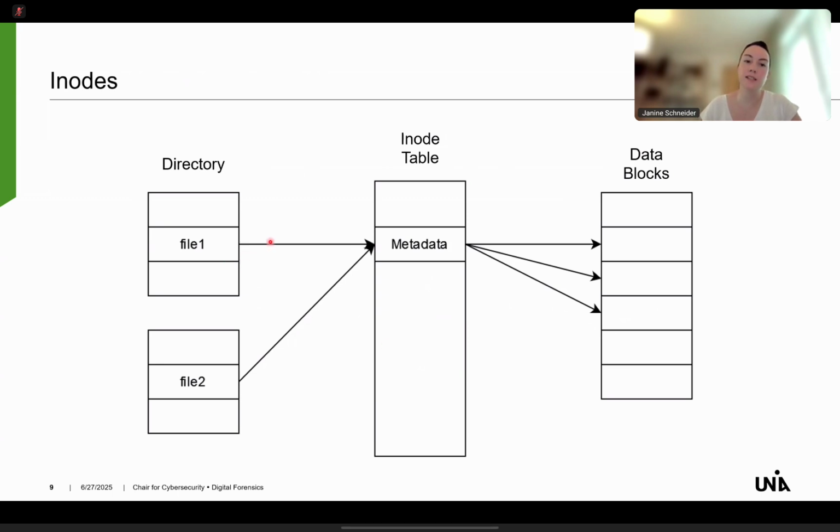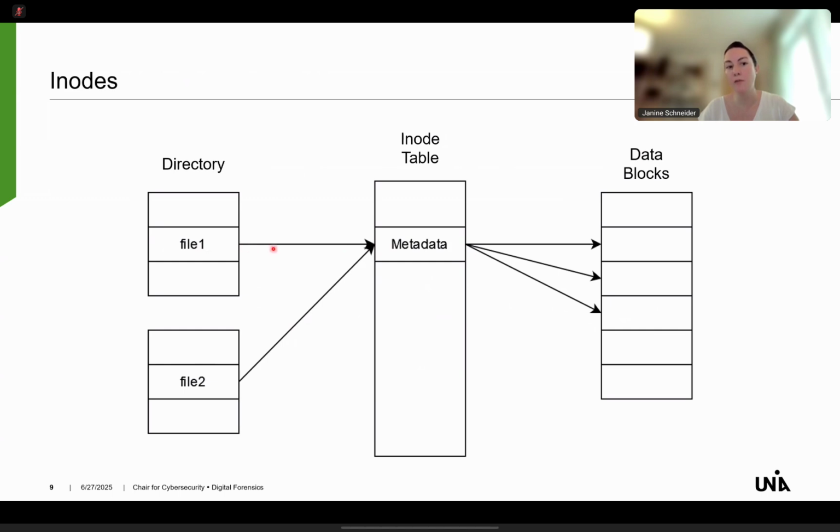Here you can see something special for the ext file system, something that does not exist in NTFS and FAT. There are two file names that point to one inode in the inode table and one group of metadata, and this is called a hard link.